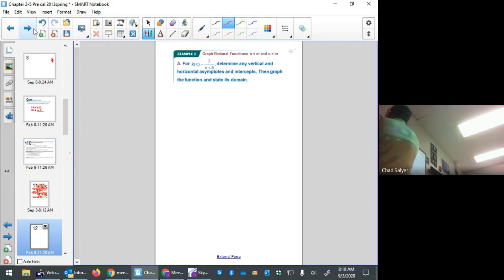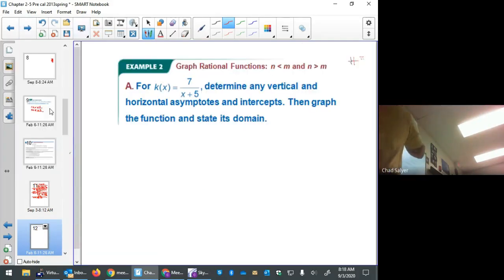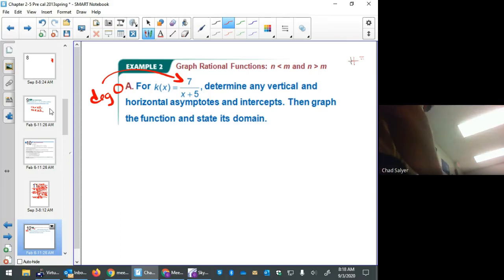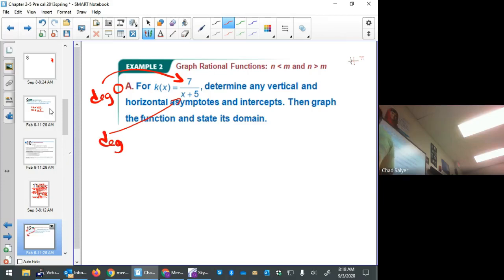So here's a rational function, and I notice the numerator is degree 0. If there is no power of x visible, then it is a 0 degree polynomial. So the numerator here is degree 0. The denominator is degree 1.